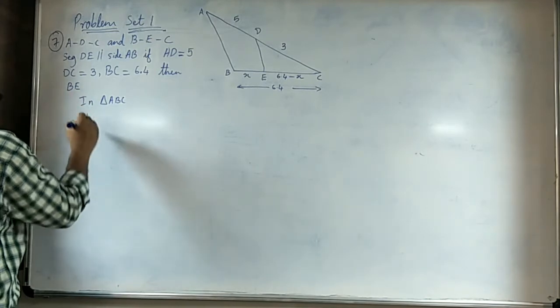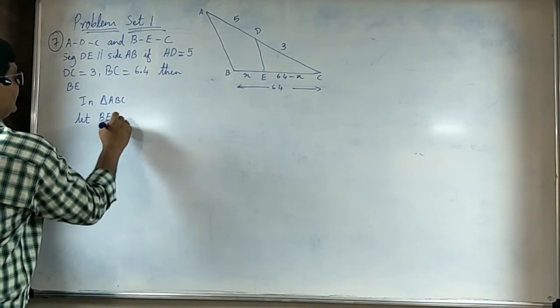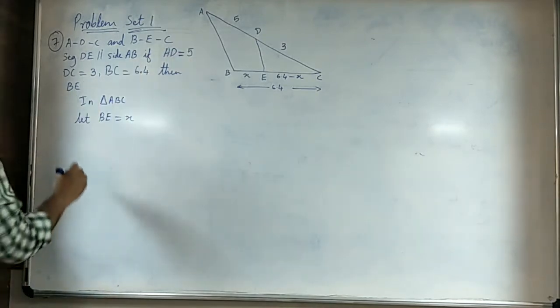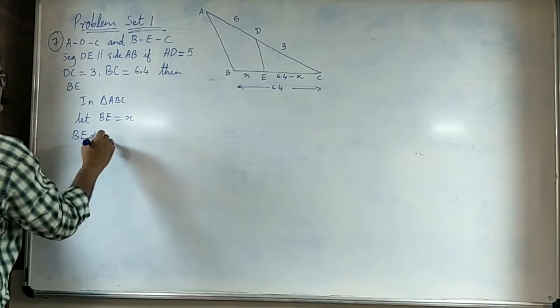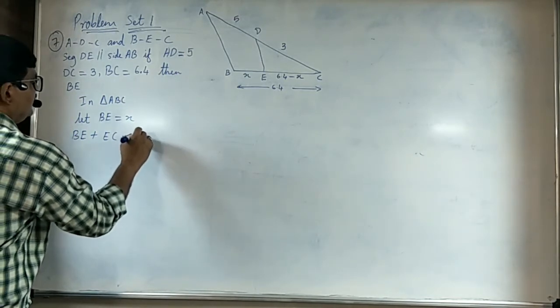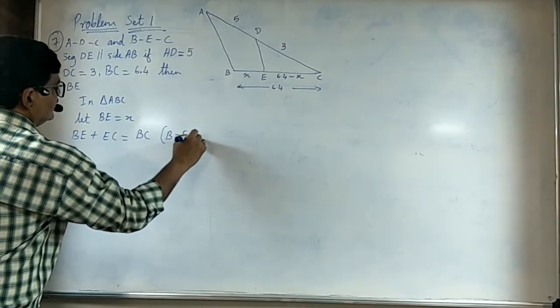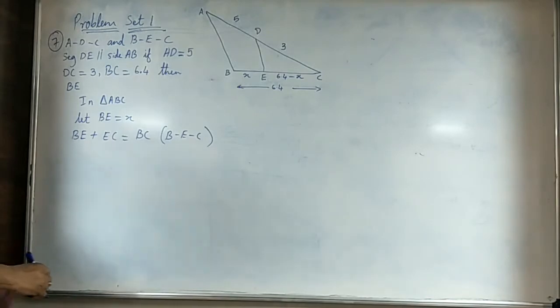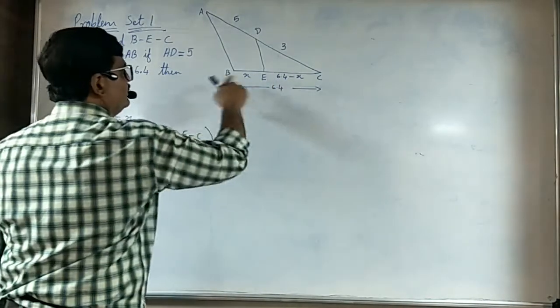Let BE, which we are supposed to find, be X. I kept it in the diagram as X. Here, BE plus EC is equal to BC, because B, E, C are collinear points.